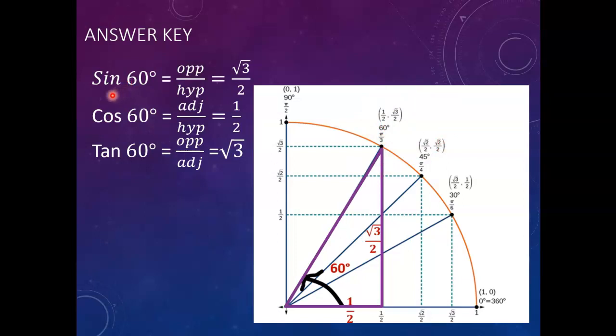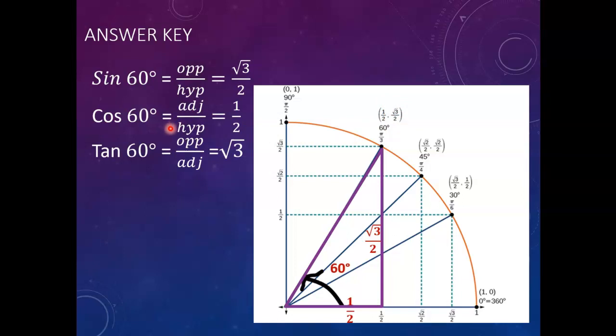And further, we can say that sine 60 degrees is equal to opposite over hypotenuse. Opposite of 60 degrees is square root of 3 over 2. And we know that the hypotenuse of this triangle that overlaps with the radius is 1. So square root of 3 over 2 over 1 will be just square root of 3 over 2, which is again the same as the y value of the terminal point.